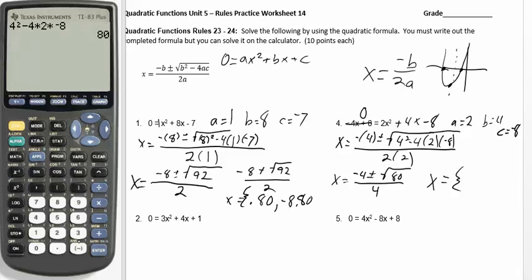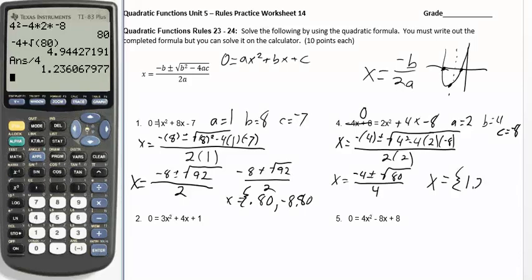So first of all, negative 4 plus the square root of 80. And remember, I'm going to hit enter and then divide by 4. So one answer is 1.24.